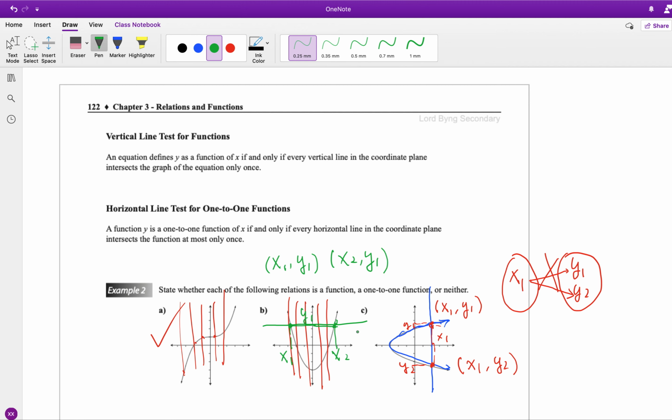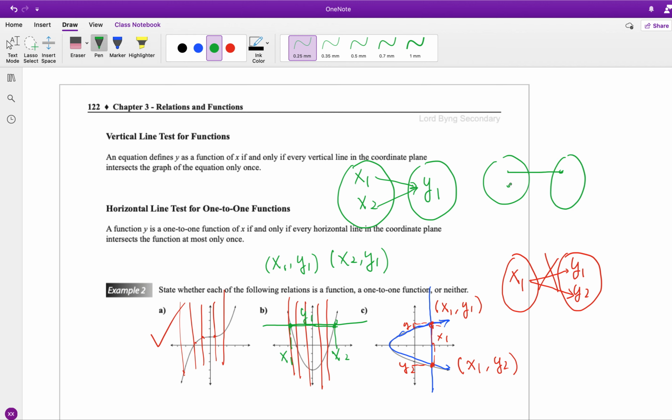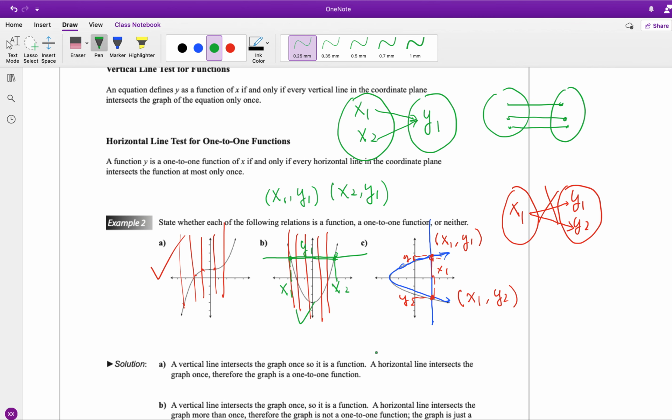So it's still a function, it's just not a one-to-one function. In this domain, I have x1 and x2, and in this range, I produce just the y1 value. This is perfectly fine, but it's just not one-to-one, because one-to-one has to be this one and this one, this one and this one. They're always one-to-one. So this is a function, but not a one-to-one.